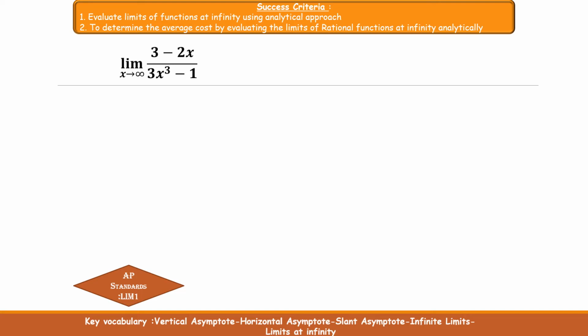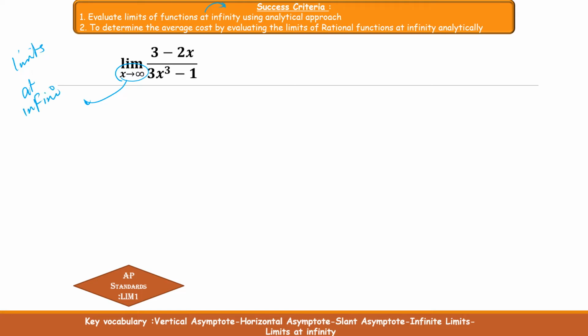Now, how to evaluate the limits when there is a horizontal asymptote. According to the success criteria, we have to see how to evaluate the limits at infinity. When x is approaching infinity, it means we are talking about limits at infinity.